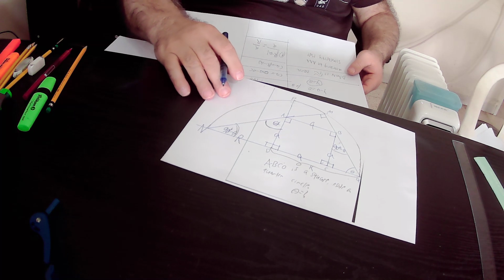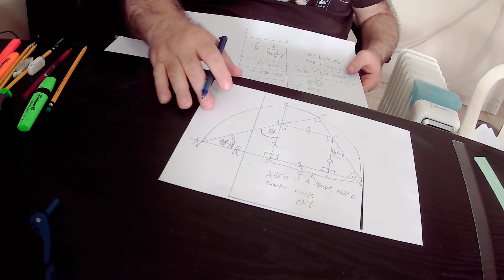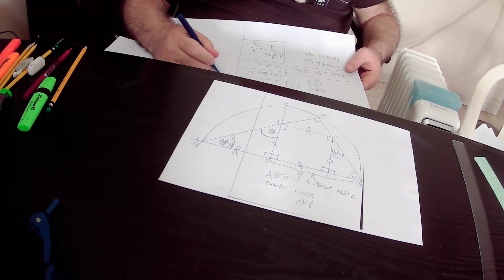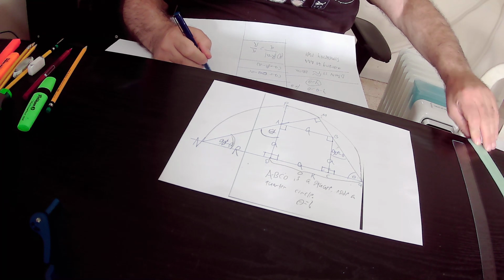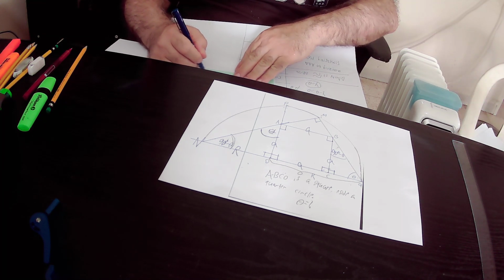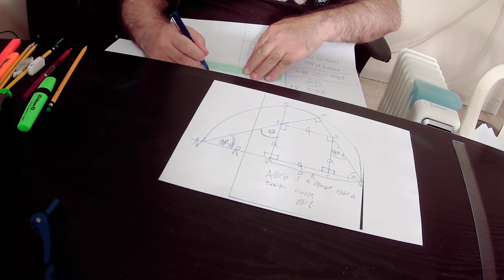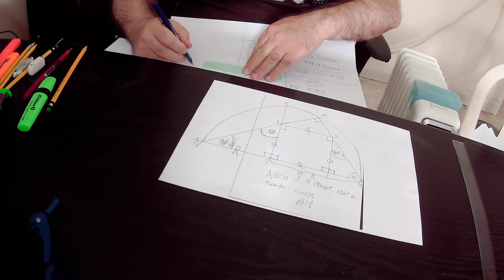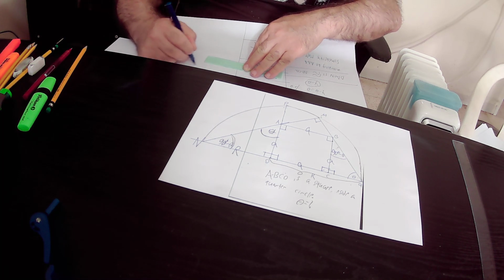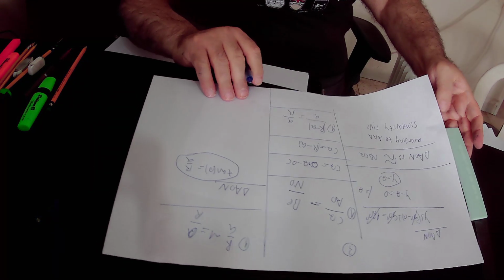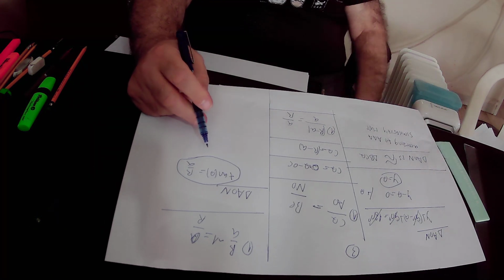Here we'll focus on the right triangle, triangle AON. In the right triangle AON, you can see that tangent theta is equal to R over A. We found out that R over A is equal to tangent theta.